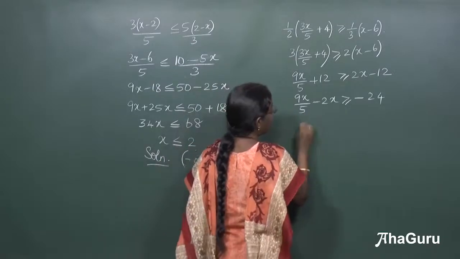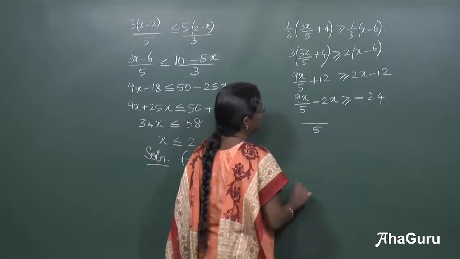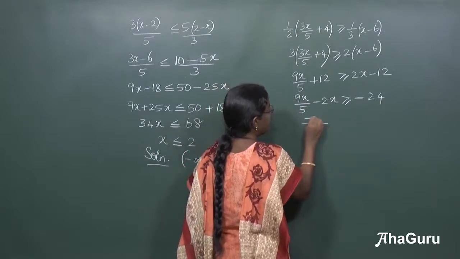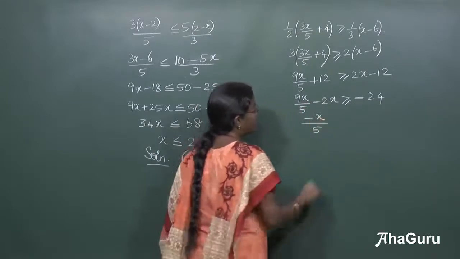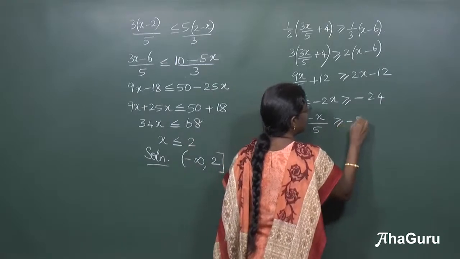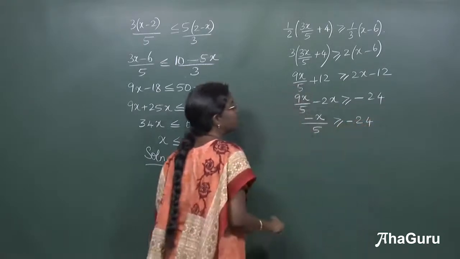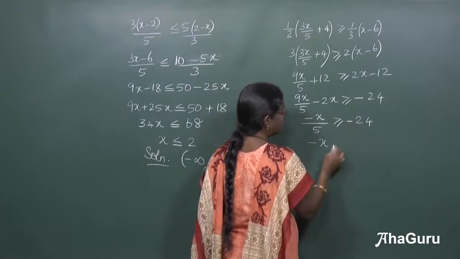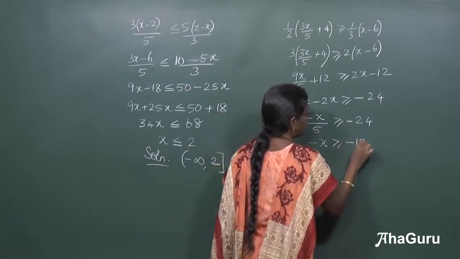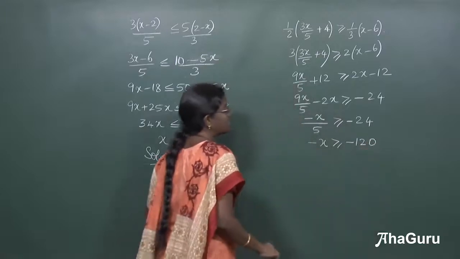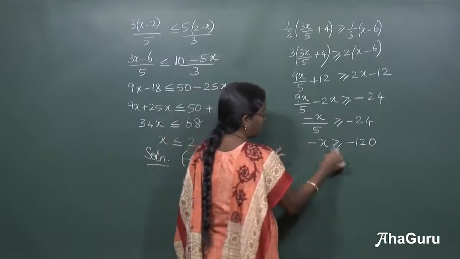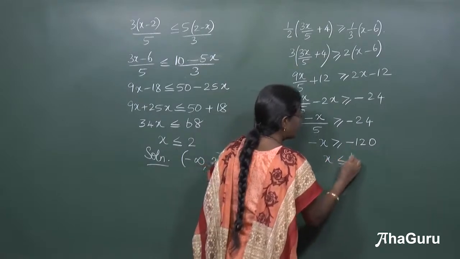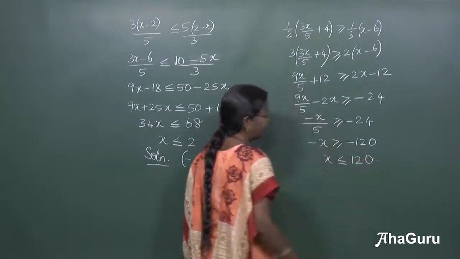So here if I take 5 as the denominator, numerator will become 9x minus 10x, or it is minus x is greater than or equal to minus 24, or we get minus x, with 5 shifted to the other side, is greater than or equal to minus 120. I'll multiply both sides by a negative sign, I get x is less than or equal to 120.